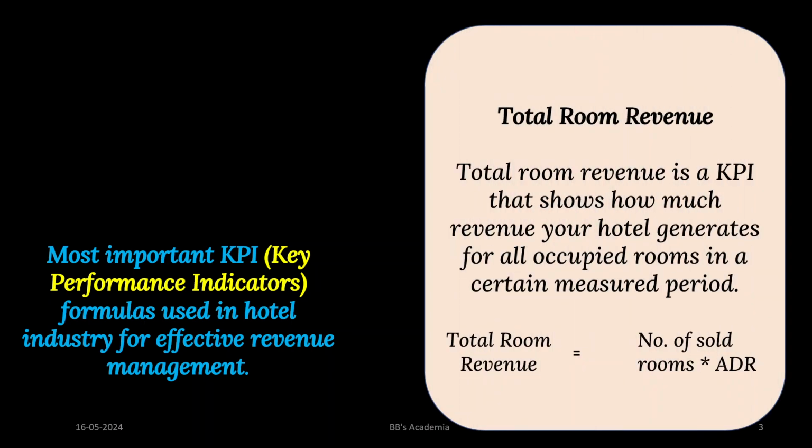total room revenue. What does it mean? Total room revenue is a KPI that shows how much revenue your hotel generates for all occupied rooms in a certain measured period. How is it done? You can see that total room revenue is equal to number of rooms sold multiplied by ADR.